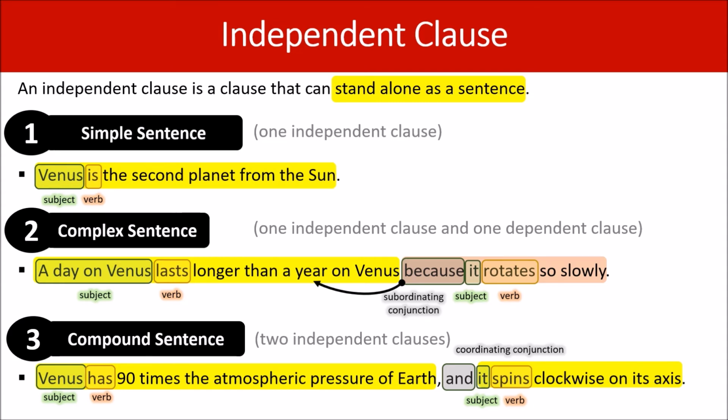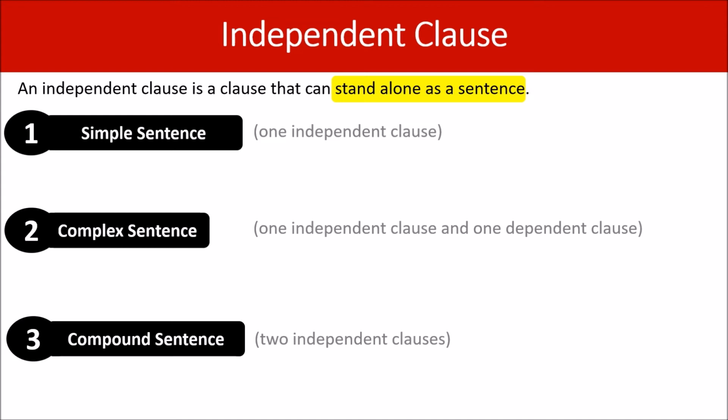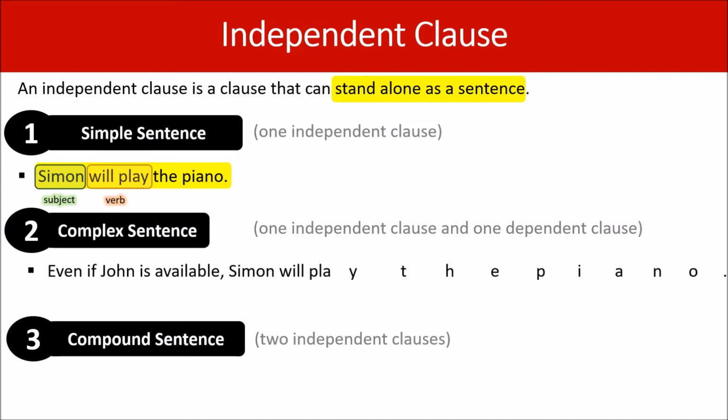Look at this example. Simon will play the piano. Very simple, one independent clause. Nothing new to say about that. Simon is the subject, will play is the verb. Look at this one. Even if John is available, Simon will play the piano. There is our independent clause, and there is our dependent clause.